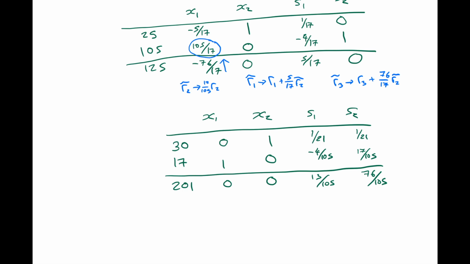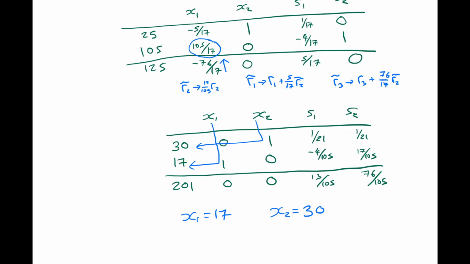The non-basic variables are set to 0, s1 is equal to 0 and s2 is equal to 0. And our basic variables are set to the values of the left-hand column in the rows where their 1 appears. So x1 will be equal to 17 and x2 will be equal to 30.